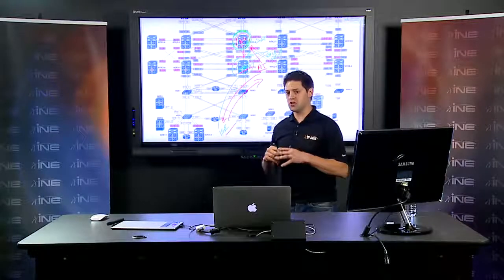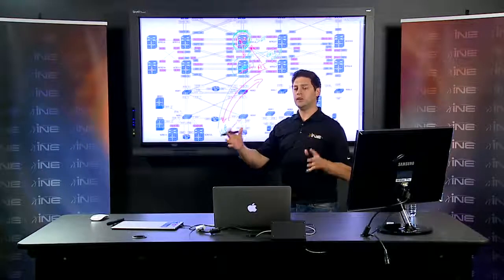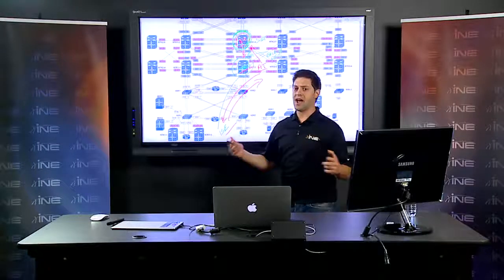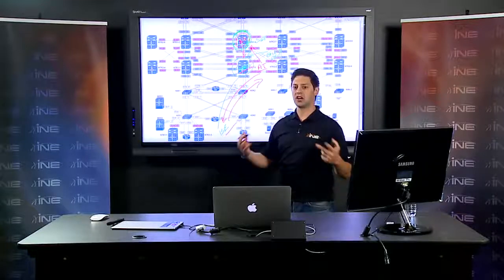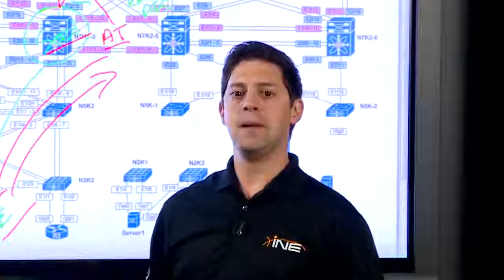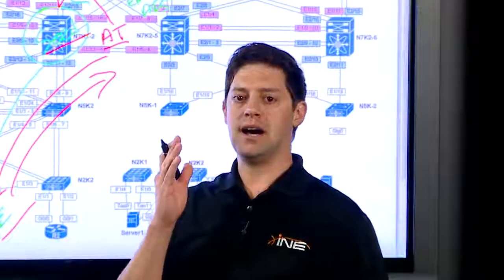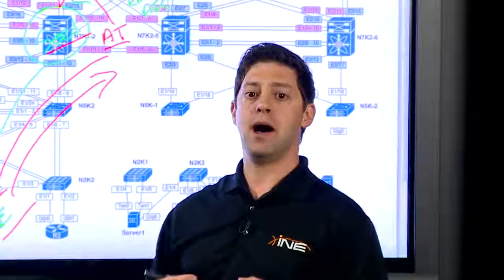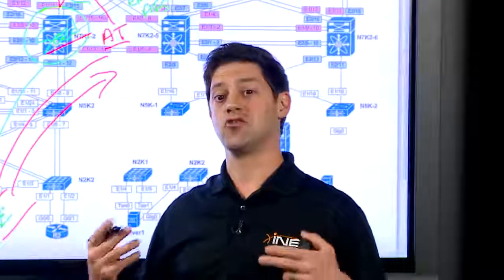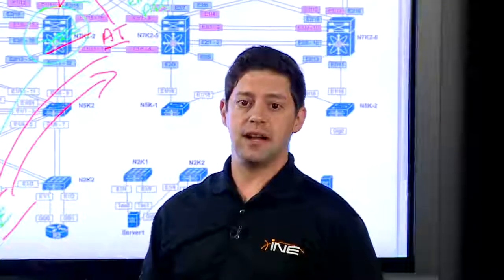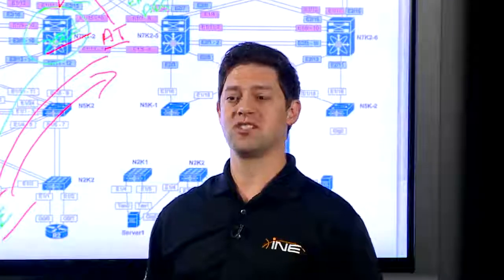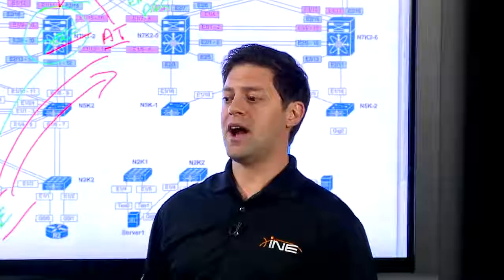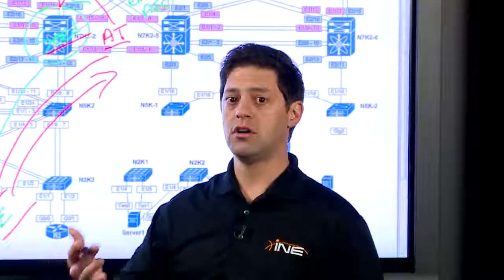We can set up just manual encryption link to link if we haven't rolled out this entire architecture yet. And again, just the manual turning on of that MACsec is what Cisco traditionally called CTS, Cisco TrustSec.